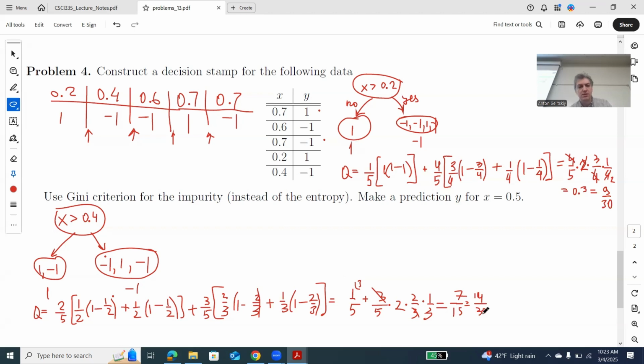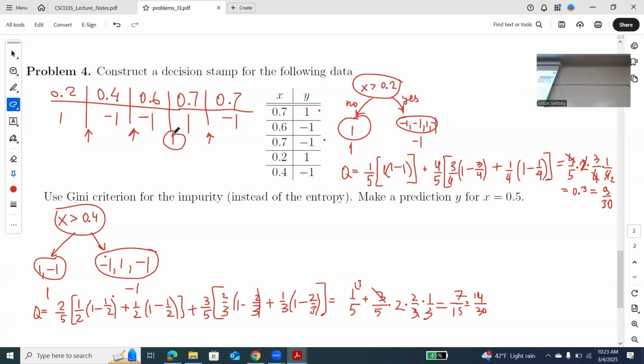But we should calculate 2 more. So could you tell me, please, do I need to calculate the second threshold?